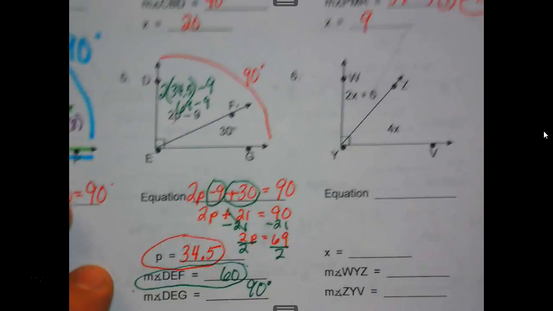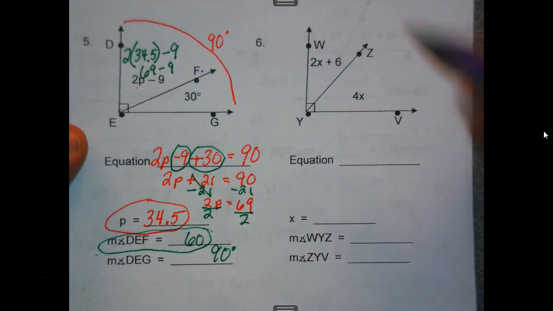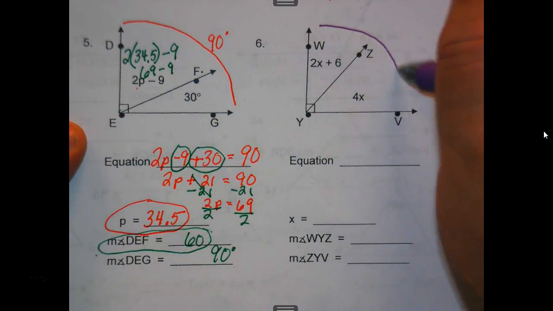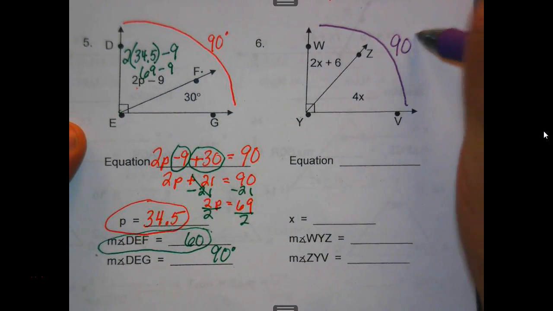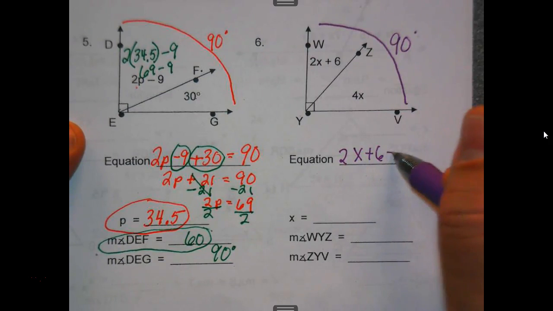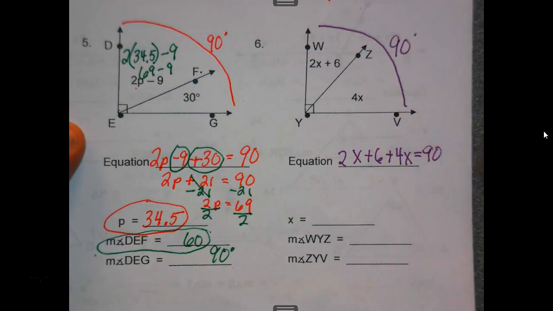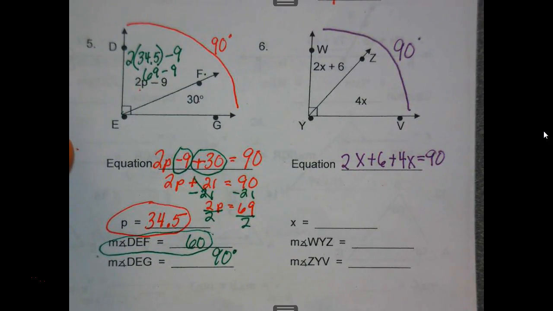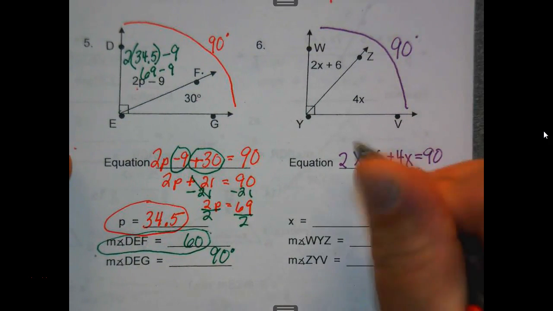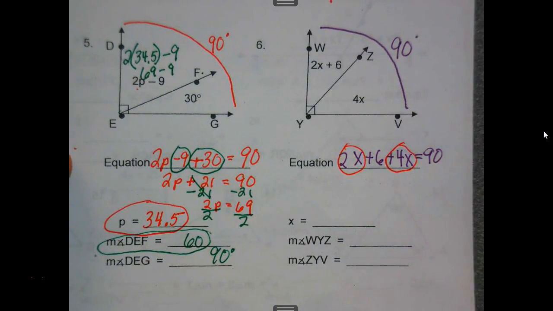Okay, number 6. See, this is 90 degrees, right? Okay, combine like terms on the same side of the equal sign. I get 8x plus 6.